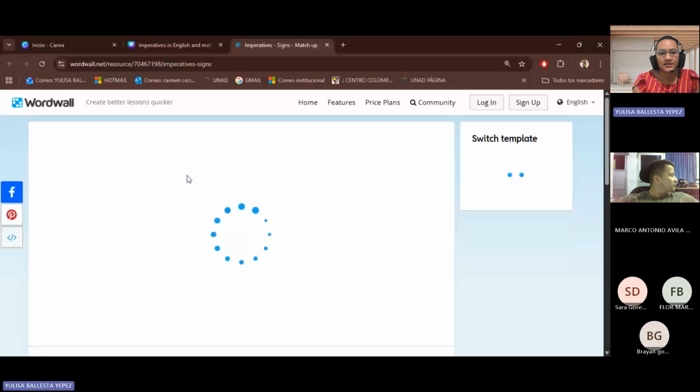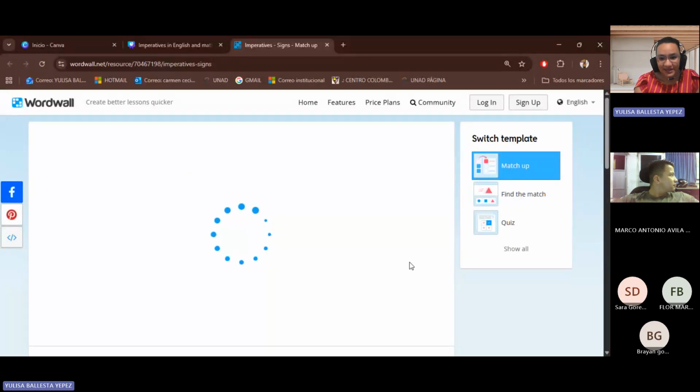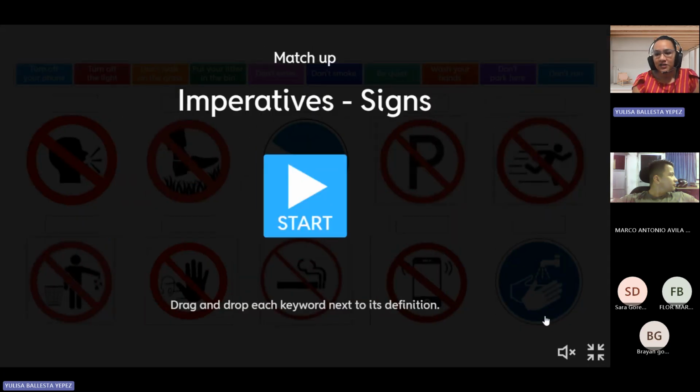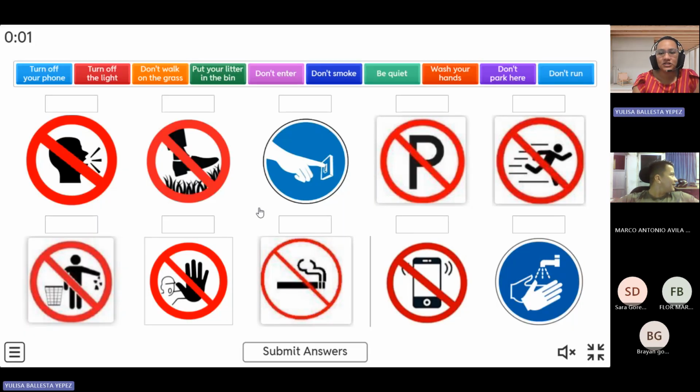So you can understand and recognize what imperatives are. You have here some images you see in the street or maybe in places, and you're going to tell me some phrases that you could use for these images.